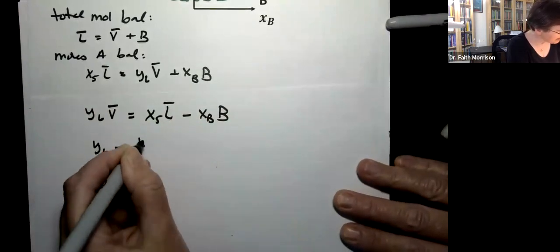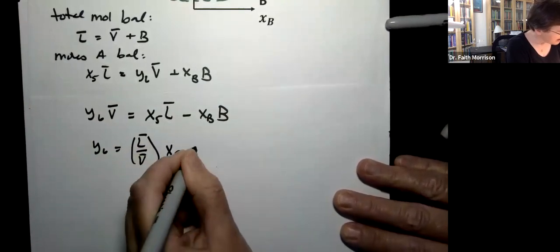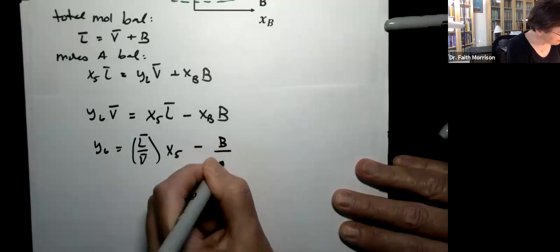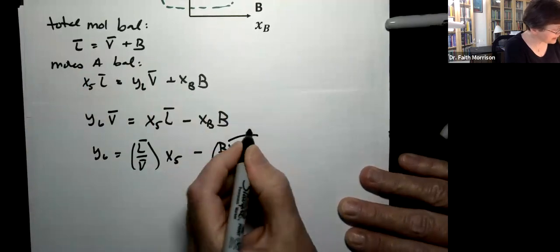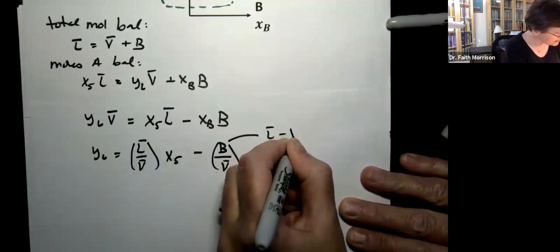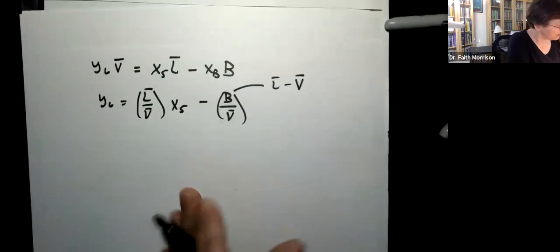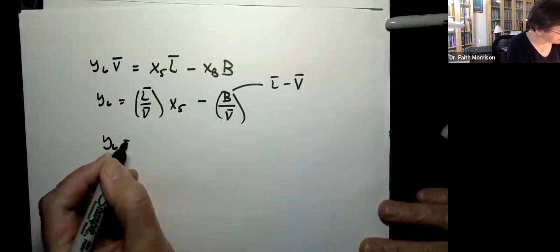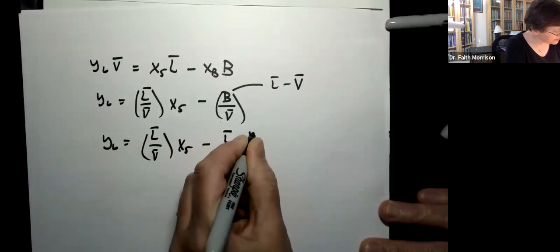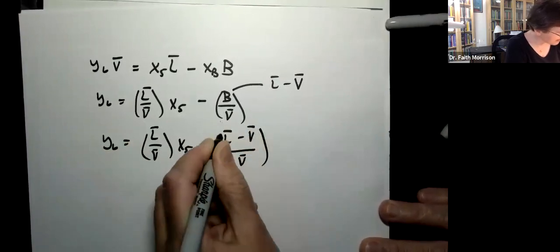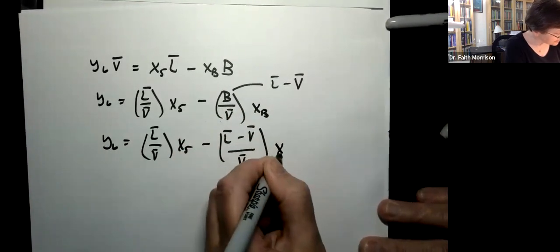Y6 equals L bar over V bar, similarly to before, only now it's the barred ones, minus B over V bar. And from the balance above, B is equal to L bar minus V bar. So we get Y6 equals L bar over V bar X5 minus L bar minus V bar over V bar times XB. I missed the XB here.